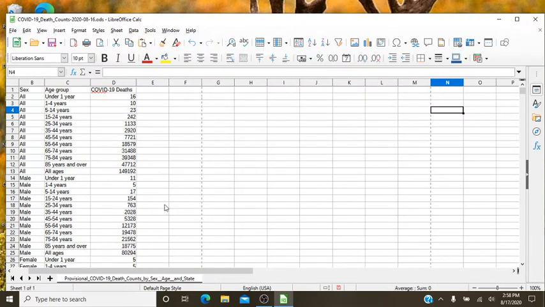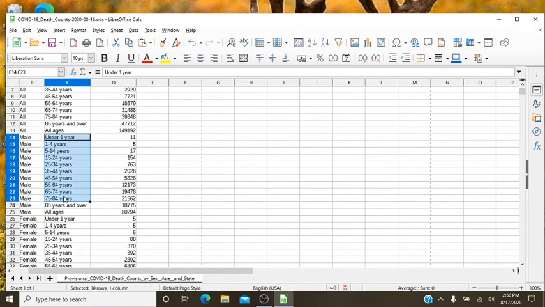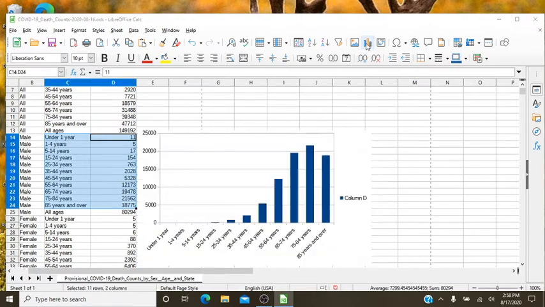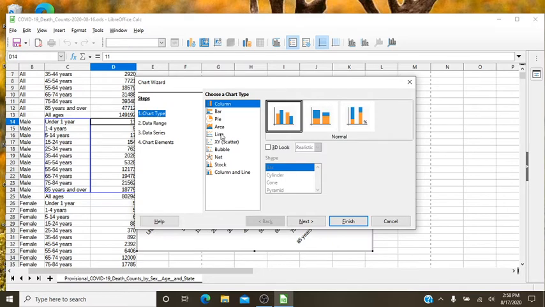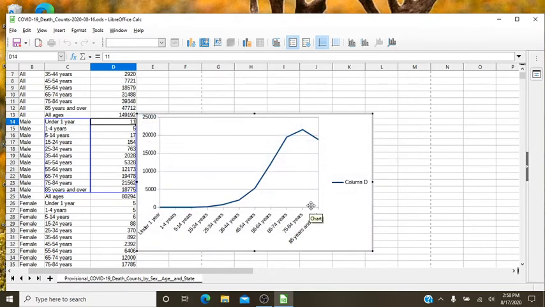So now let's take a look at the U.S. first by males. Let's break it down by age group of males. Okay, you can see once again, even among the males, the trend is the same.